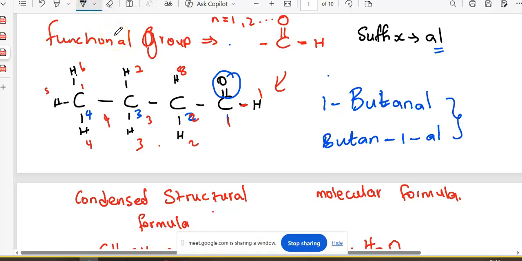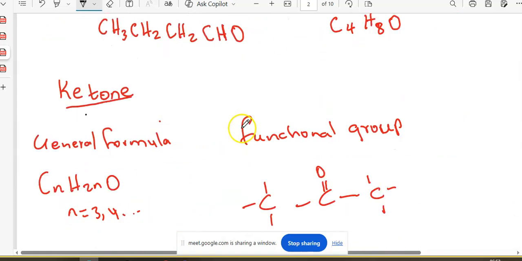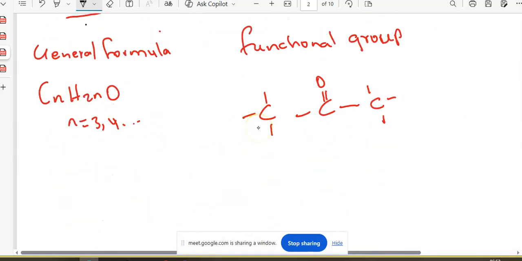The carbon at the end is the one that will contain the double bond, the carbon with O. But the moment I move this and bring it to carbon number 2, can you see that this carbon, carbon number 2, will be attached to another carbon on this side, and also attached to another carbon on this side. It's no longer an aldehyde, but it's a ketone. This is what I'm trying to explain. The carbon with the double bond O will be attached to a carbon on both sides. That's how we see a ketone.